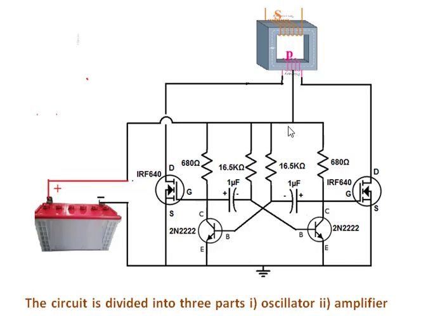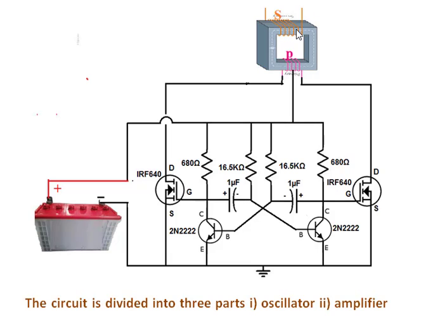The center tap is connected here. The voltage supplied to the primary of the step-up transformer is increased and available at the secondary, where there is 220 volts AC.